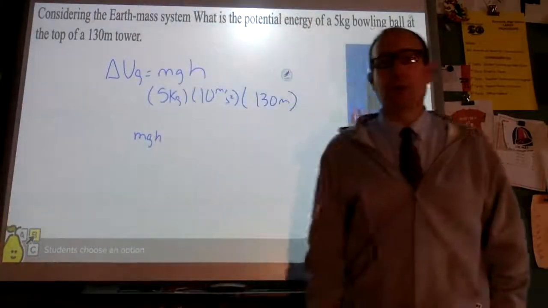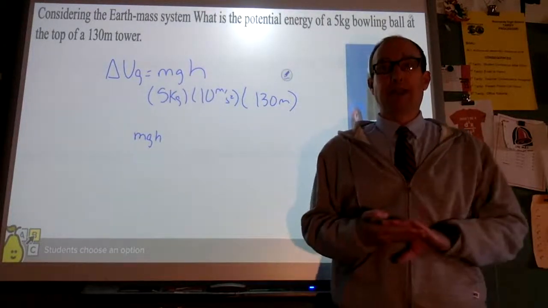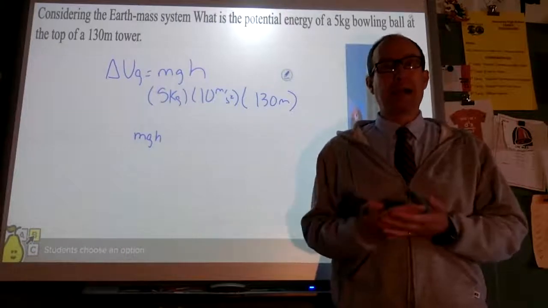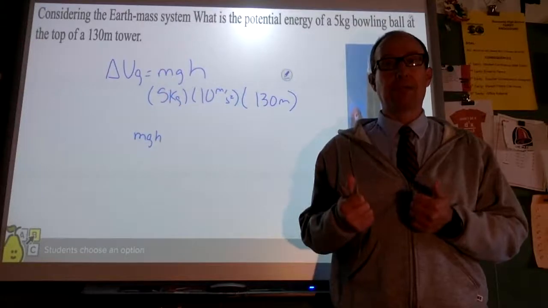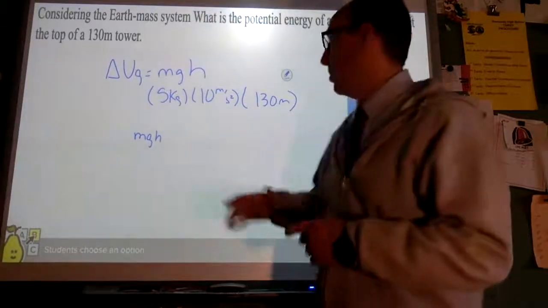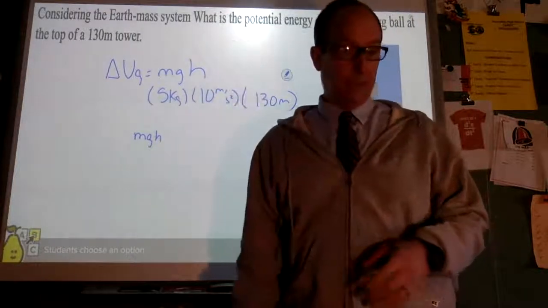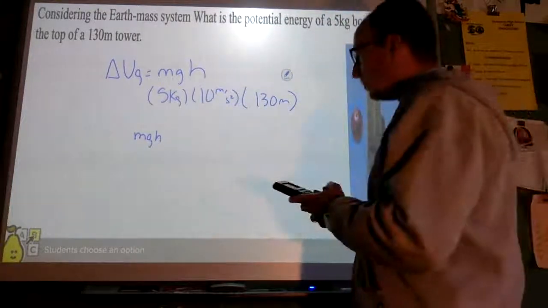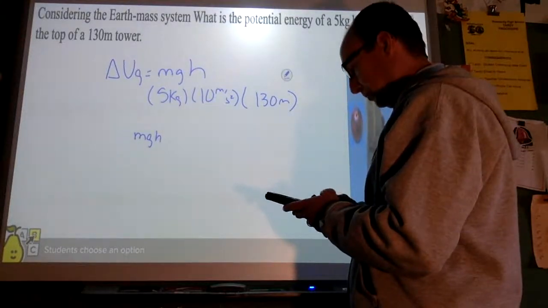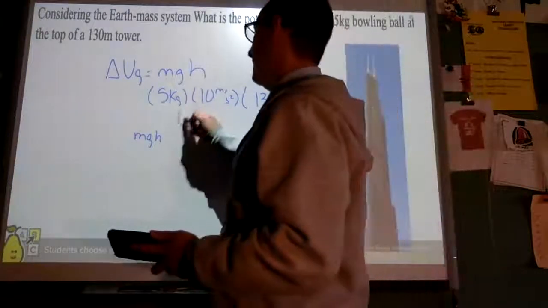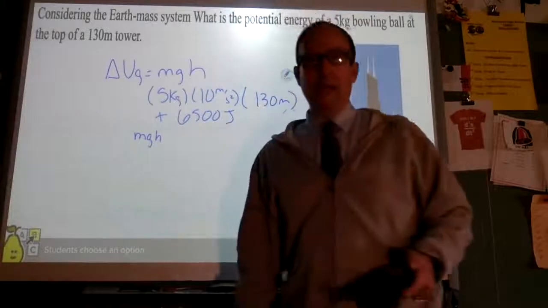And again, for this, we don't want to put in negative for g, because we want to define whether this is positive or negative based on the relationship between the displacement and the forces. When I'm talking about this mg here, I'm talking about the force it would take to lift it up. So it's 6,500 joules. And this is positive.